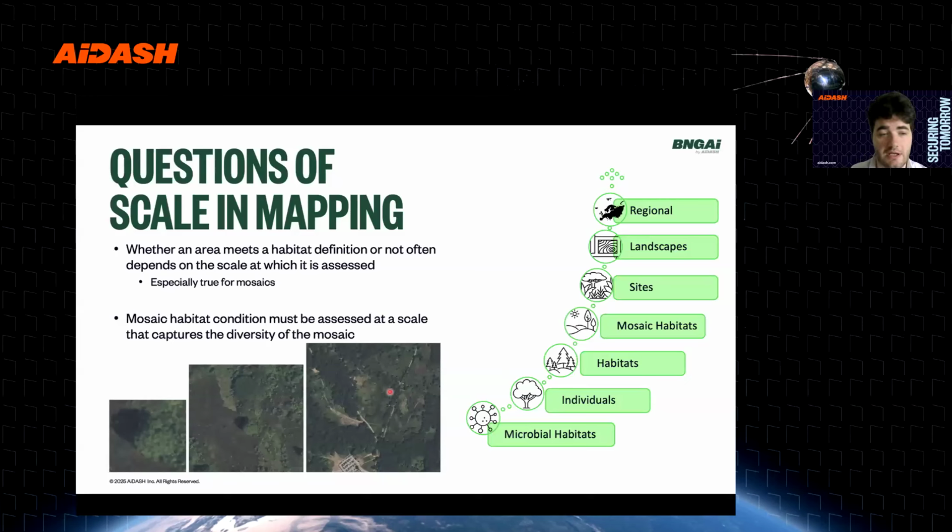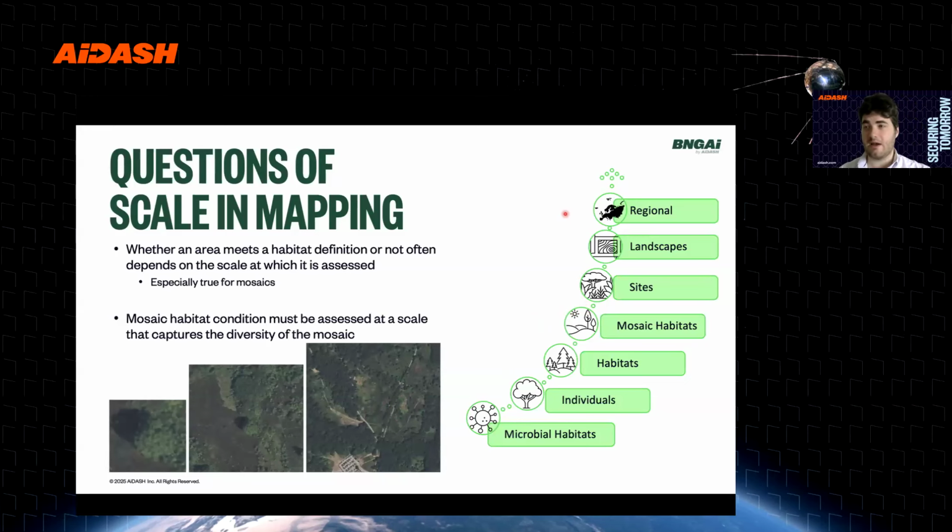Maybe this whole area is in a wood pasture, and all of those constituent habitats, the tree, the heathland, the grassland, the bracken, the scrub, all meet part of the defined characteristics of a wood pasture and parkland. And so we are then thinking about mapping at that much larger scale. And beyond that, obviously, we have scales related to sites, landscapes, and regions.